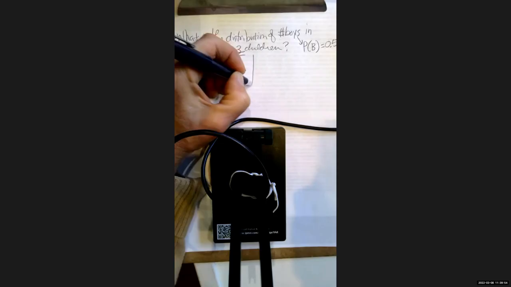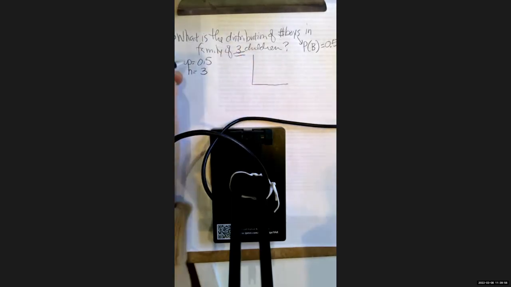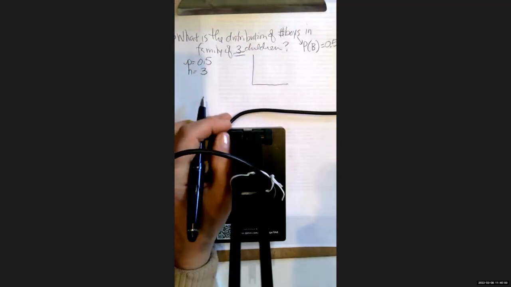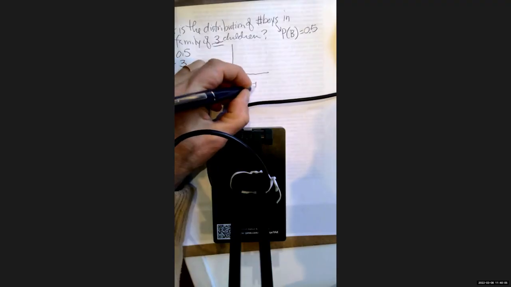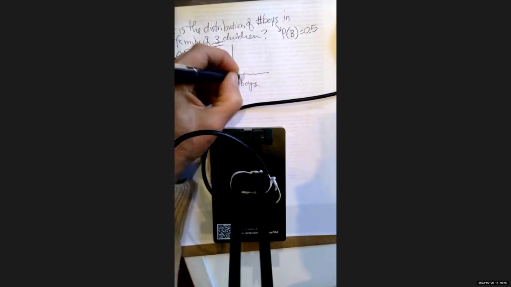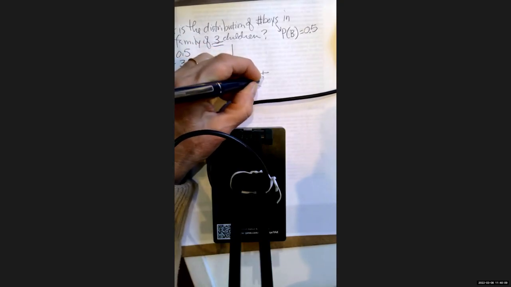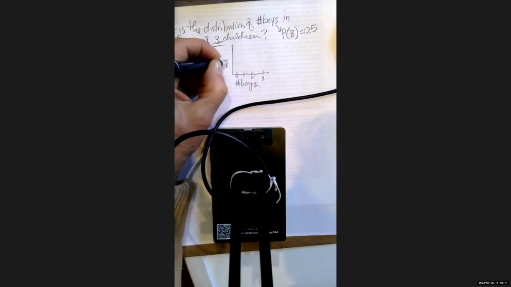And if we want to show our probability distribution, how many boys can you have out of 3 children, we have number of boys. Well, we can have 0, 1, 2, or 3. So for the frequency or our probability, we're going to read this off of our binomial distribution table.